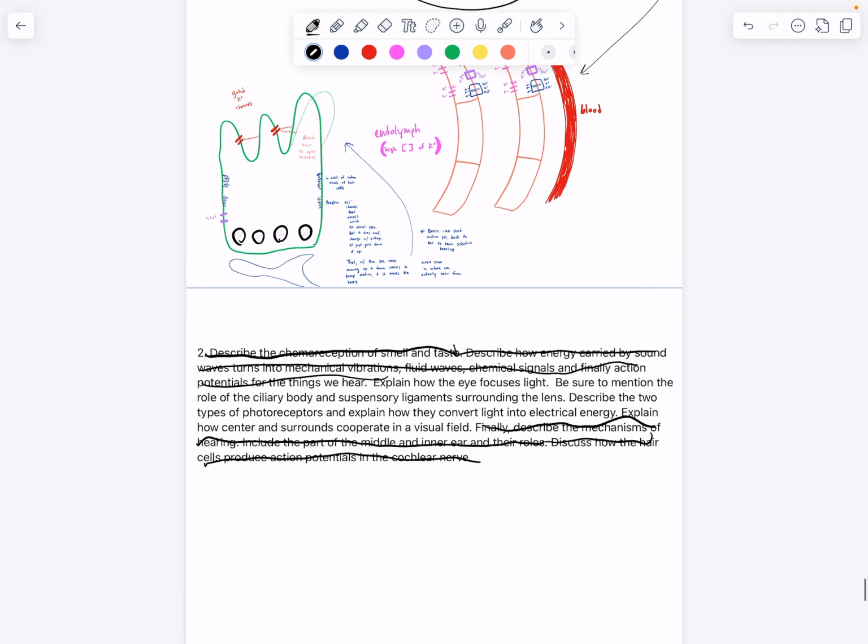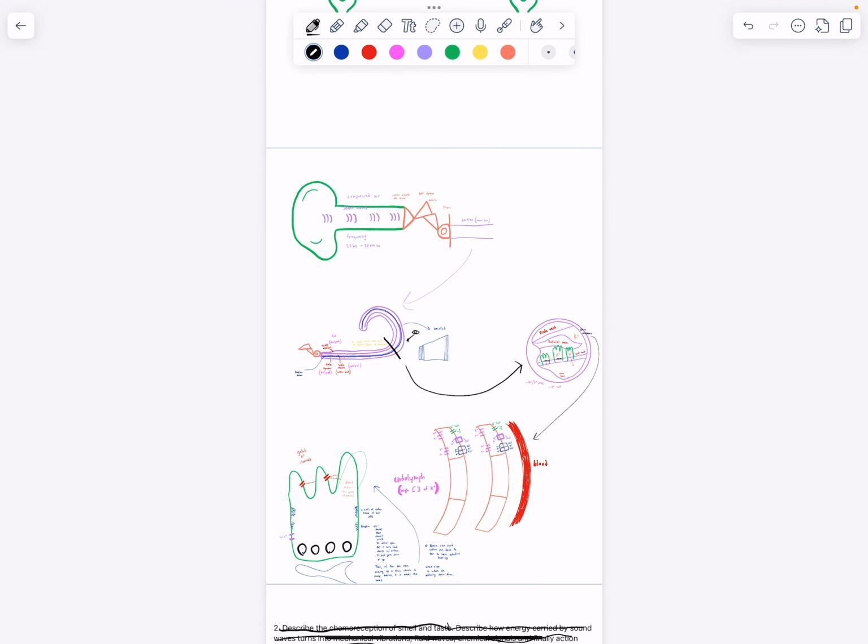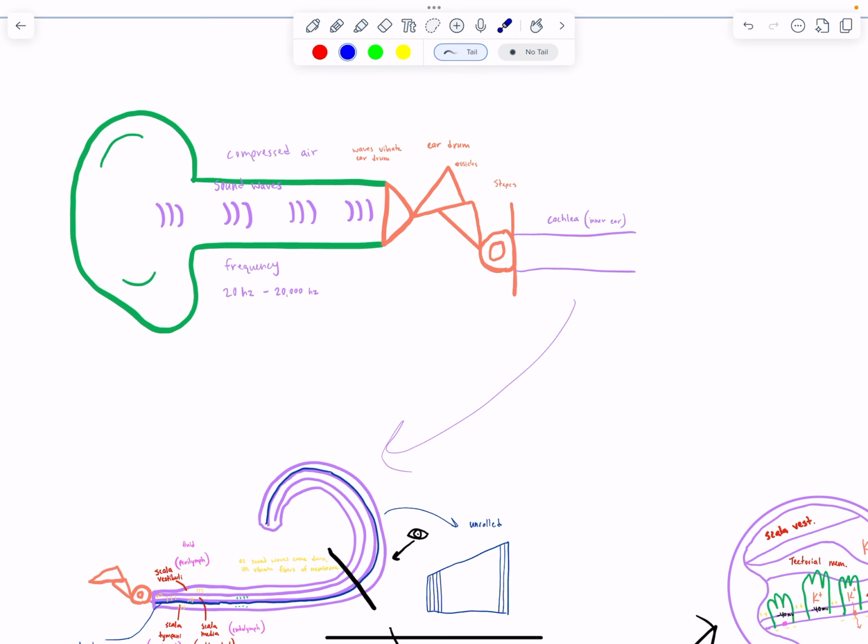So, again, sound comes in, gets compressed into these waves, causes the vibration of these things, which then causes another movement of this little membrane, and it causes fluid to move.